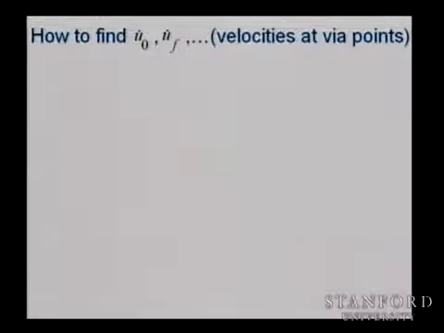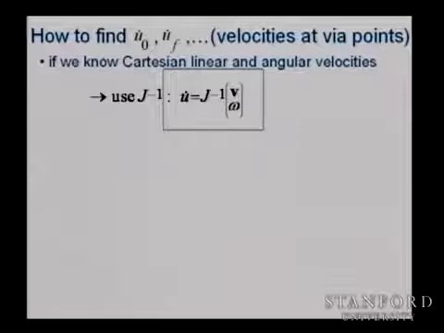Now, how to find those? Well, obviously, if we know the actual velocity and angular velocity for the robot that we want to have for the actual coordinator, then we can use the inverse of the Jacobian to find the u dots in the Cartesian space, right?